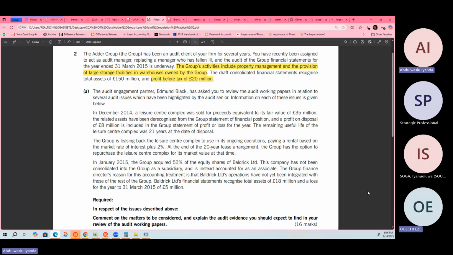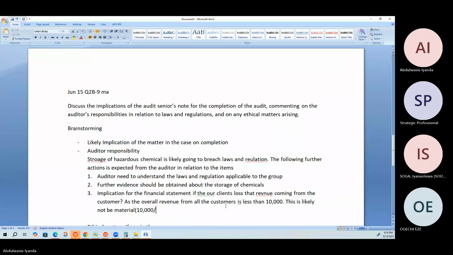And why are you guys thinking 0.05? Sorry, this is the overall revenue from the customer. So I need to delete all this.